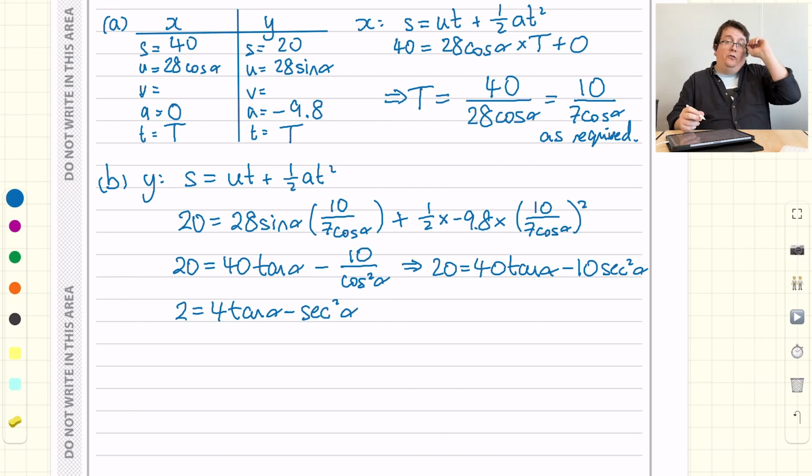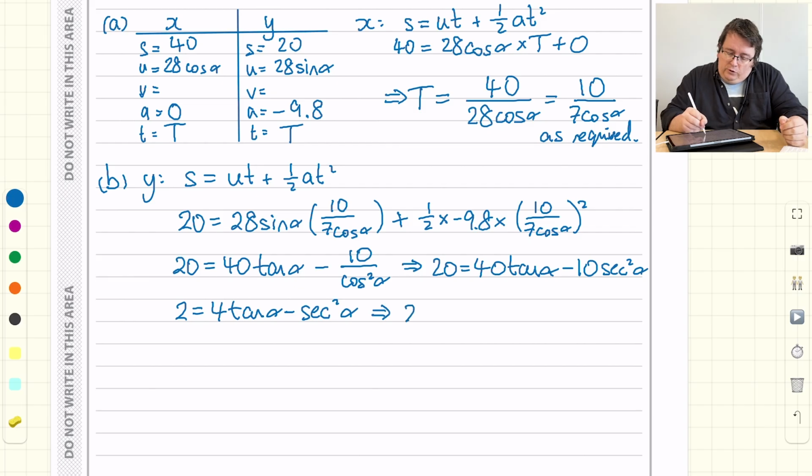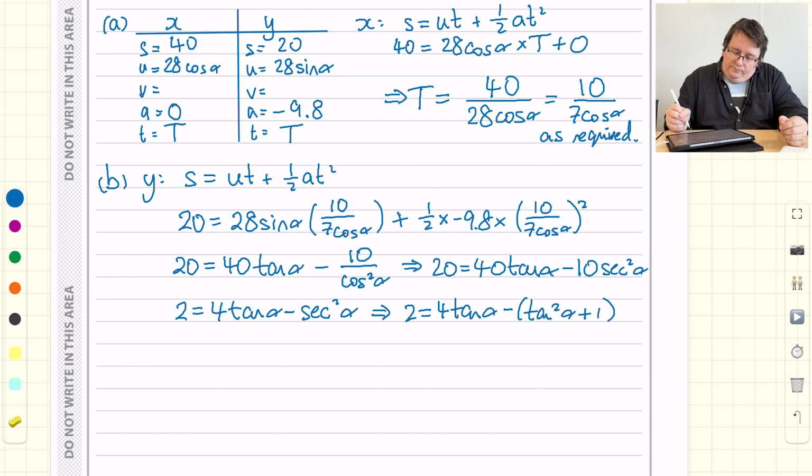Okay, and then of course we've got a trig identity that says that sec squared is tan squared plus 1. So 2 is 4 tan alpha, take away tan squared plus 1. So 2 is 4 tan alpha, take away tan squared, take away 1.